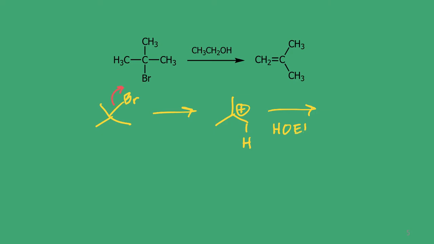I'm going to abbreviate my ethanol this way. And so it's going to act as a Bronsted base. So it's going to take the proton, and that leaves this pair of electrons behind to form the pi bond. And there's our alkene product.